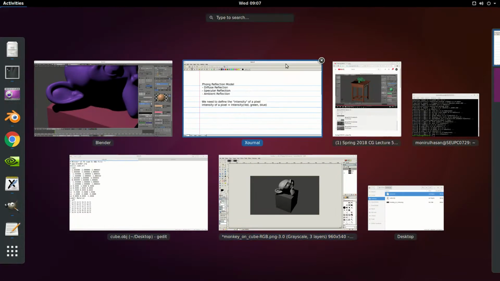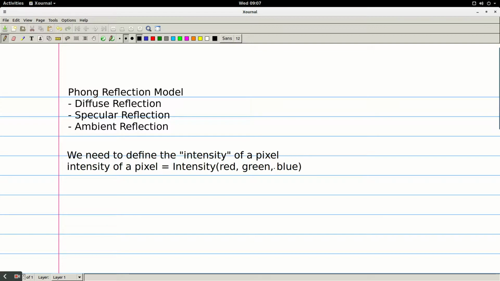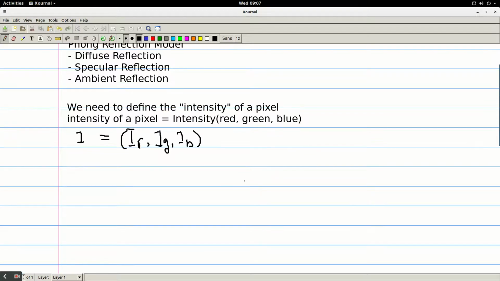So in other words, if I write intensity with I, this is nothing but I_R, I_G and I_B. Red, green and blue. Three different intensities.